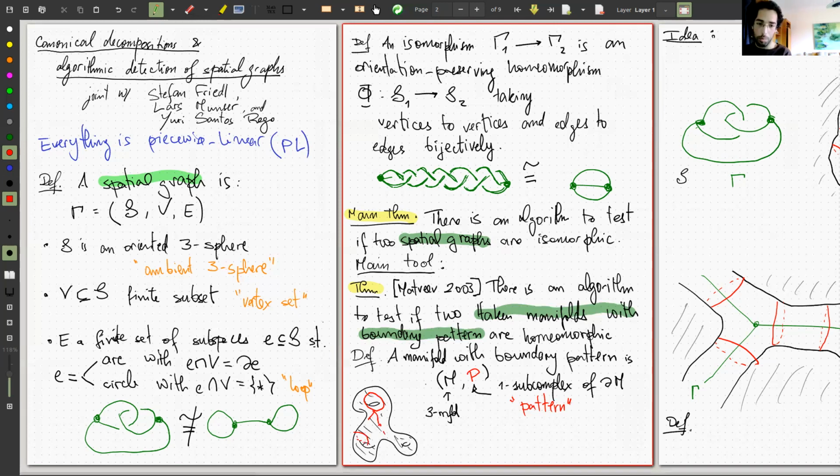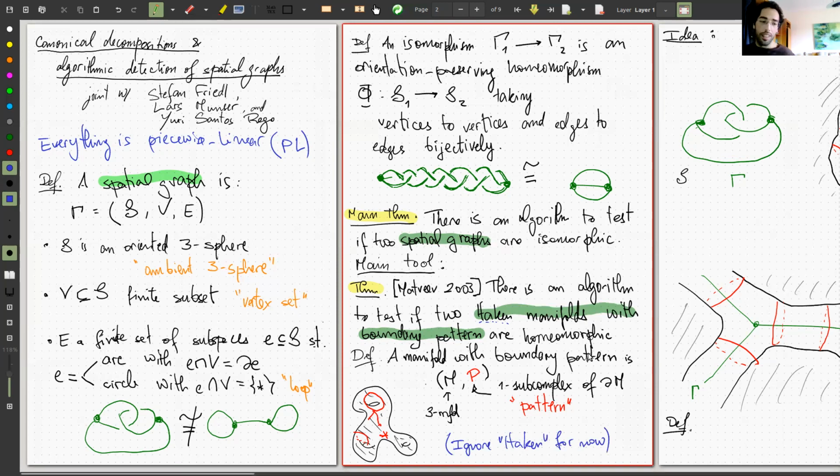This is what a boundary pattern is. And you see that I also have this little word Haken here. So for now, let's ignore this word. Let's pretend we didn't notice.